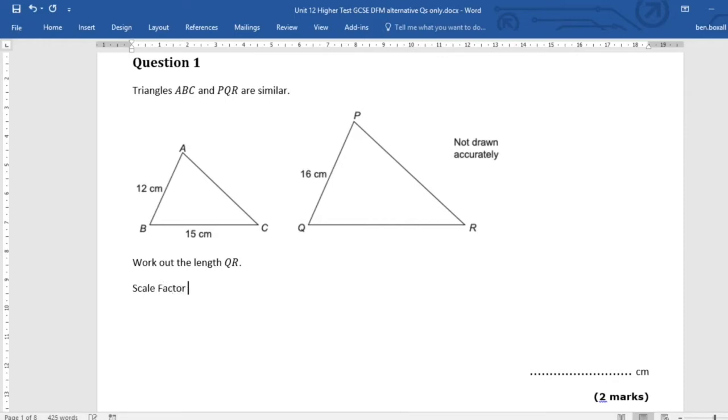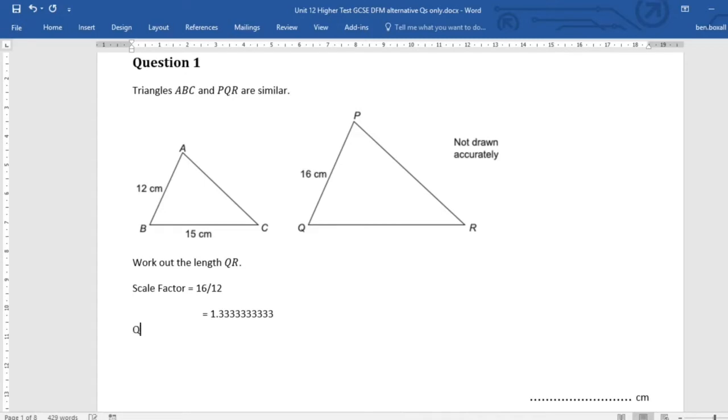So the scale factor is 16 divided by 12, okay? And that is 4 over 3, or 1.3333333. Obviously I should write that as 1.3 recurring with a dot over it, and I haven't, but never mind.